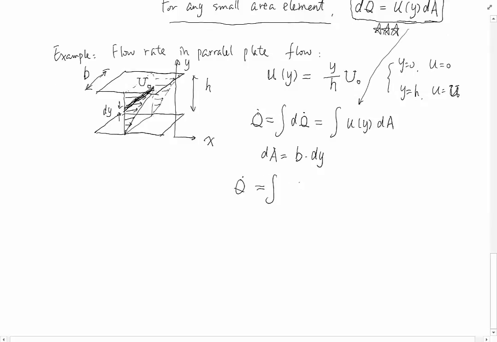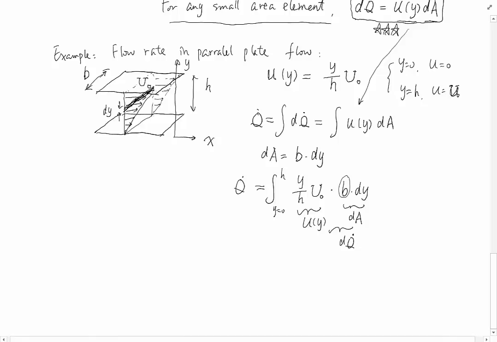U is equal to y over h u0, then times b dy. See, this is our dA, and this is our uy, and this is our dq. And the integral is from y equals 0 to h.